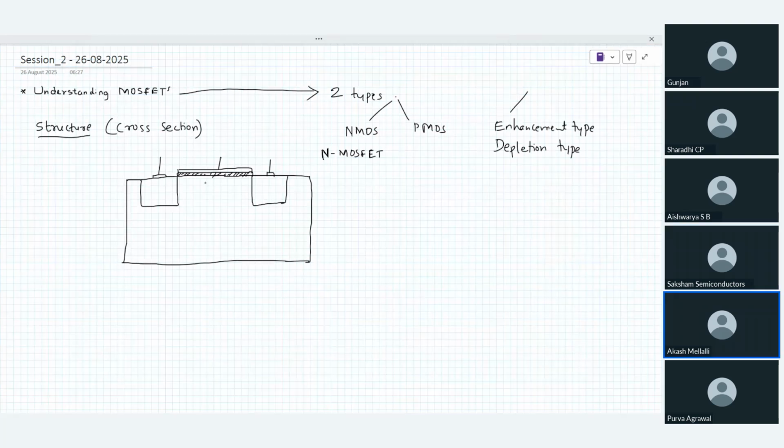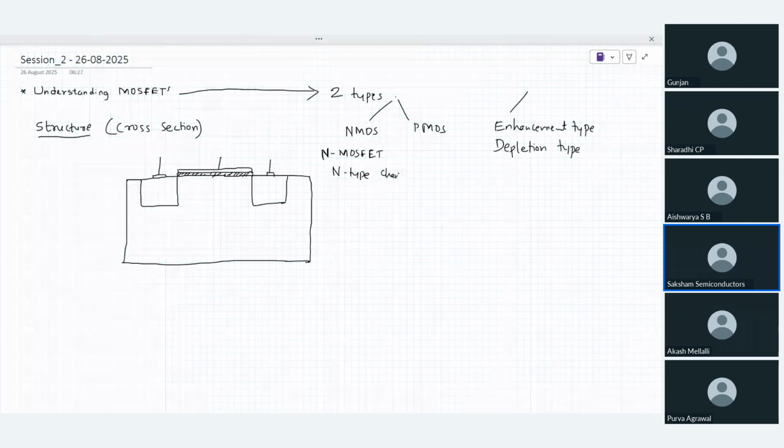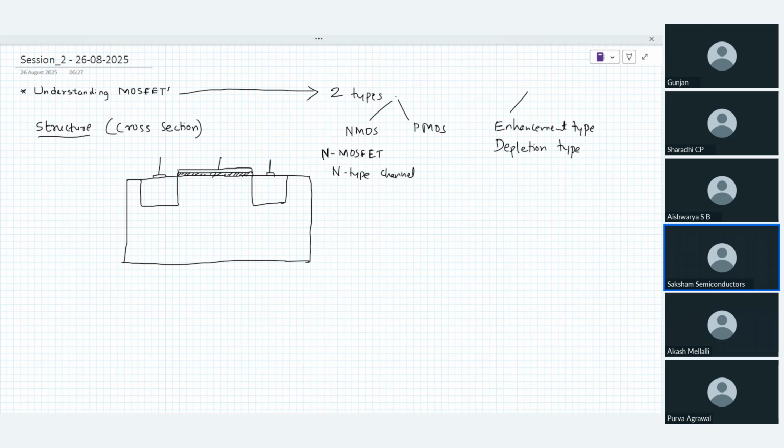N channel, sir. N channel MOSFET. Exactly. That is basically N channel or N type channel. Now, how do I identify whether it is an N channel MOSFET, and whether it is an enhancement MOSFET or depletion MOSFET? Let us try to understand from this quick working. I'll come back to this definition as and when we understand this working.